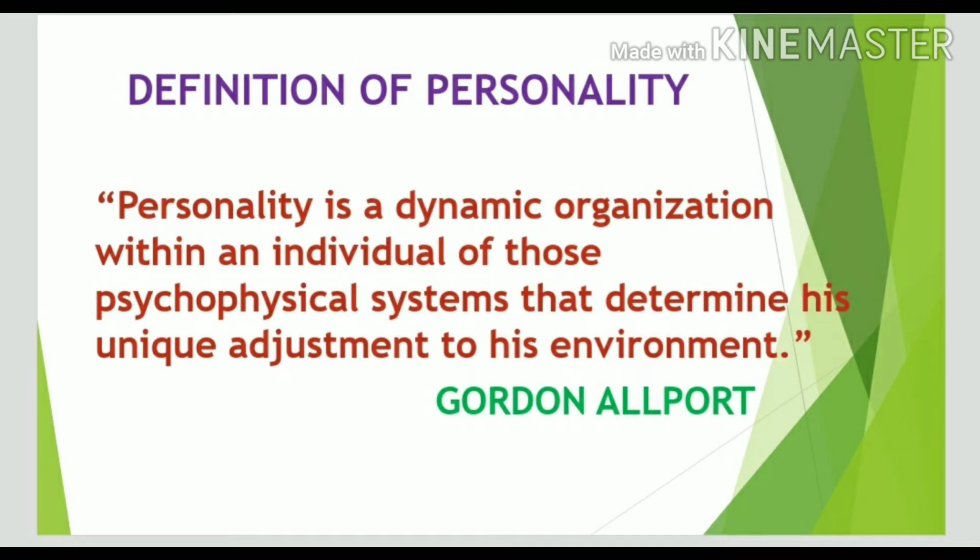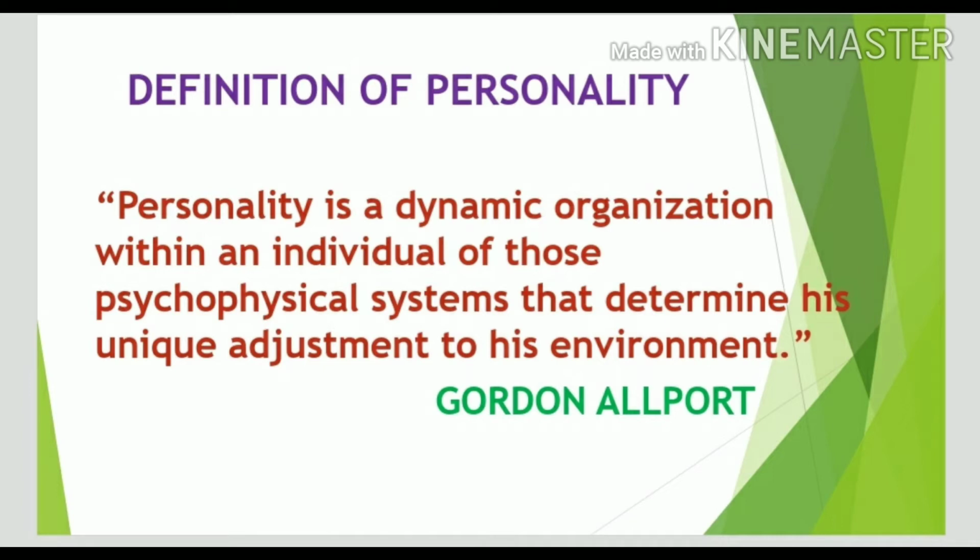All right, so personality is dynamic, not static. As we discussed earlier also, personality is relatively stable over a period of time, which means most of the traits and features of a person's personality remain the same over a period of time, but there may be variation according to the situation. That's why it is a dynamic organization. Psychophysical systems means that personality reflects both mind and body. Personality is not only about physical or external appearance.